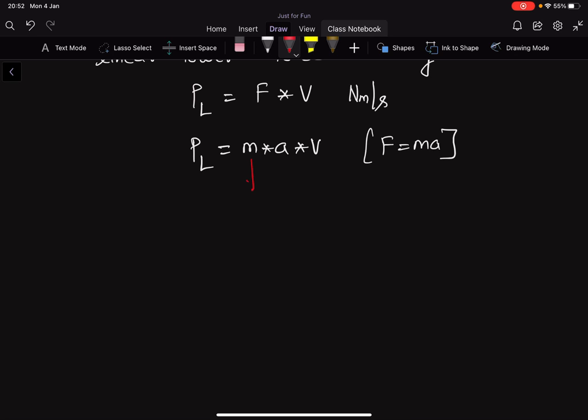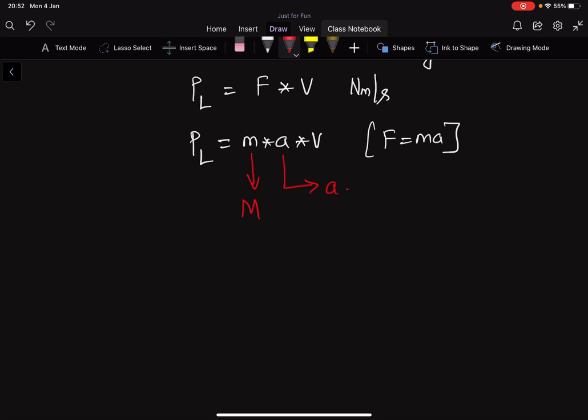Our mass is referred to as capital M. Now acceleration, in our example, is referred to as L divided by t square. And what about the velocity? Similarly for the velocity, we have v as L divided by t.